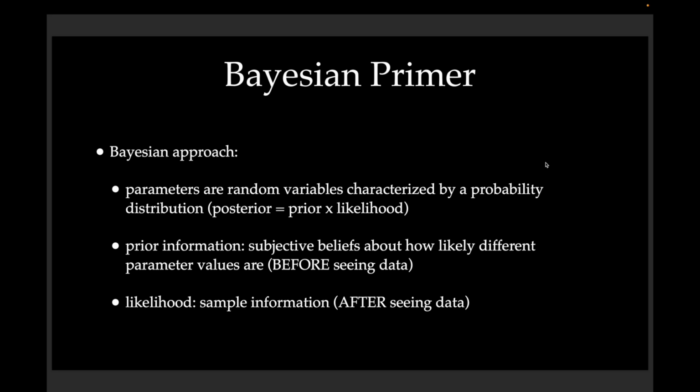And prior information is our subjective beliefs about how likely we think parameters are before we see the data. That's important. And then we update this prior information after seeing the data via the likelihood, via the sample information.